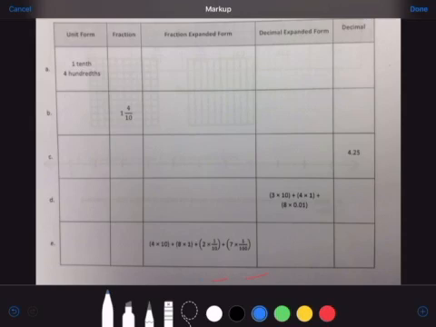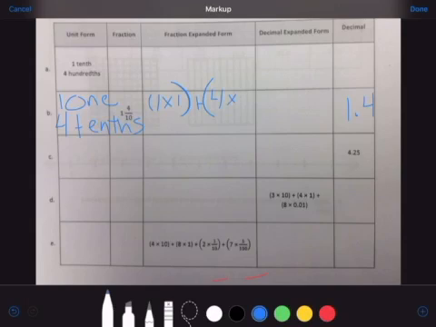All right. Now let's look at 1 and 4/10. So my unit form is going to be 1, 1, and 4/10. When we write that in decimal form, it's going to be 1.4 because that 4 is in the tenths place. Now, to write it in fraction expanded form, let's start with 1 times 1 plus 4 times, what fraction is the unit form for tenths?